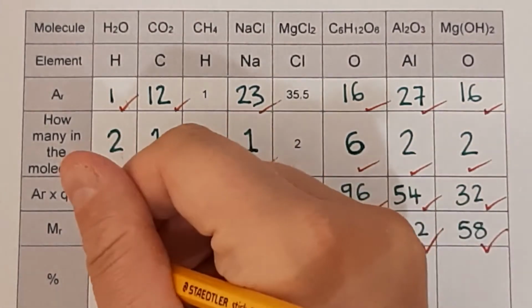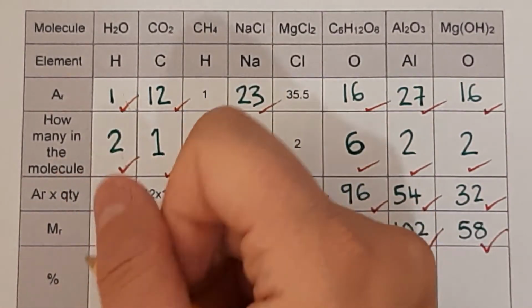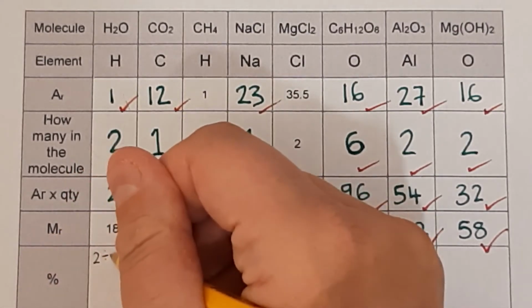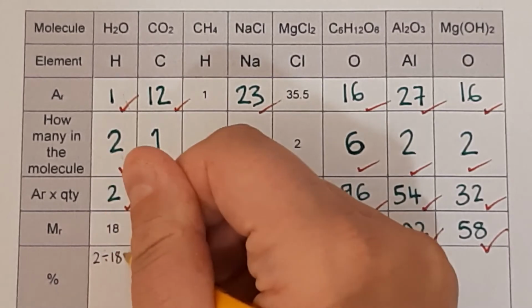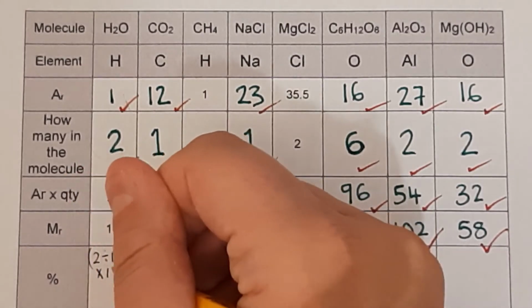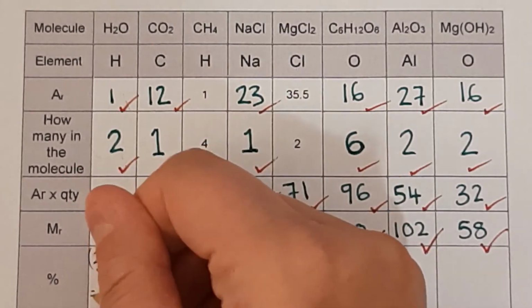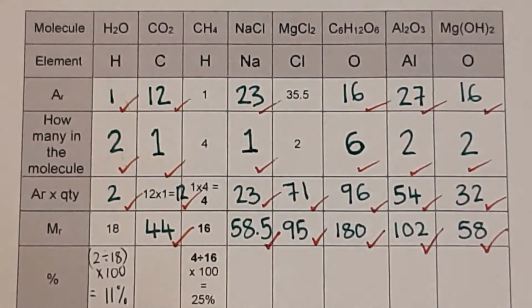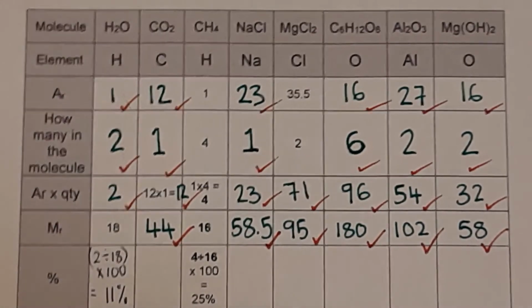So let's write that in. I'm going to do it in this pen because it's much thinner, I can fit it all in. So 2, which is our Ar, divided by 18, which is our Mr, all multiplied by 100 equals 11% using a calculator. I'm not expecting you to do this without a calculator, because you will make mistakes.